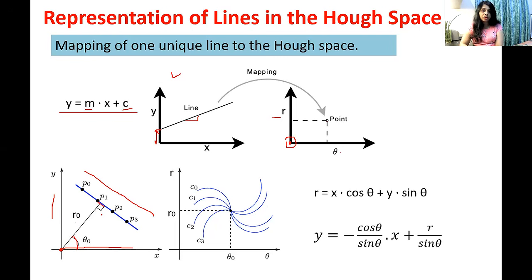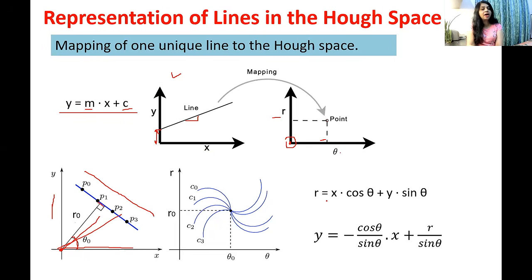Now when you draw these perpendiculars for points on this line, you will get various values of theta and r. So this is the theta axis and this is the r axis. But if you have a line and when you map it on the Hough space or parameter space, you will get a single point. Now how to map it from xy space to r theta space?